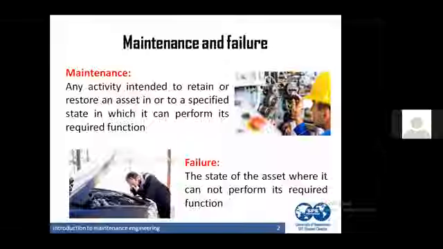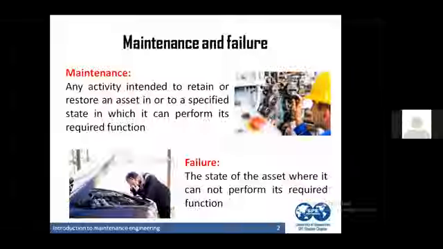Specified state also has a meaning, because this specified state of the equipment depends on the sector of application. For example, in some critical sectors such as the oil and gas industries, aircraft industries, and nuclear industries, those sectors are very dangerous and very critical. So the specified state means not whether your equipment is working or not now, but whether it is working safely or not.